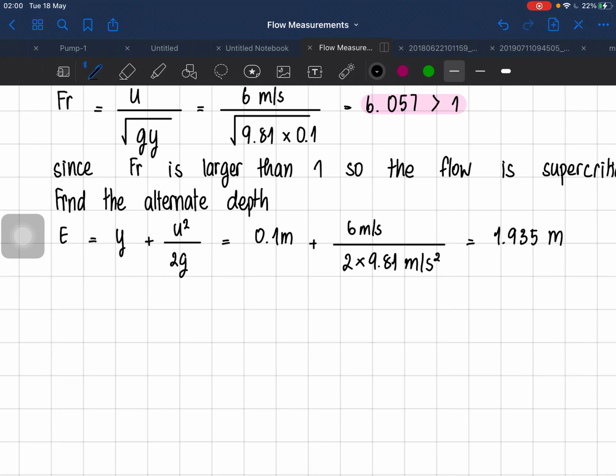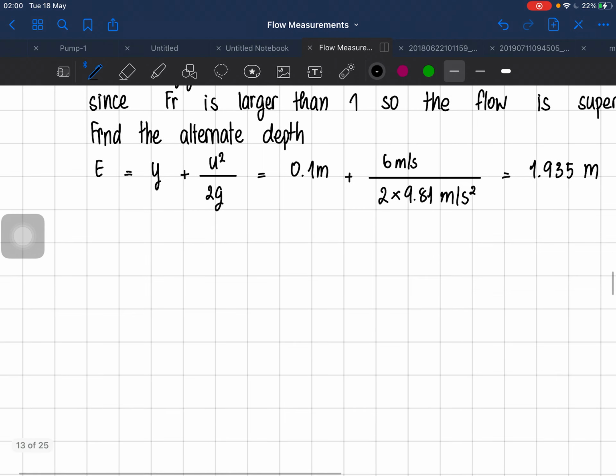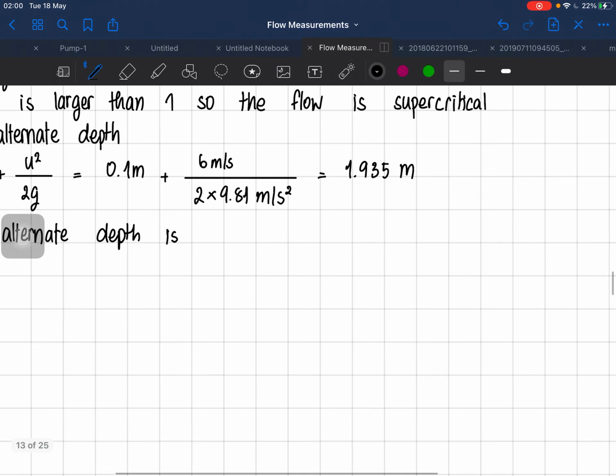Okay, so now we have the final answer. Therefore, the alternate depth is, sorry, I made a mistake here.